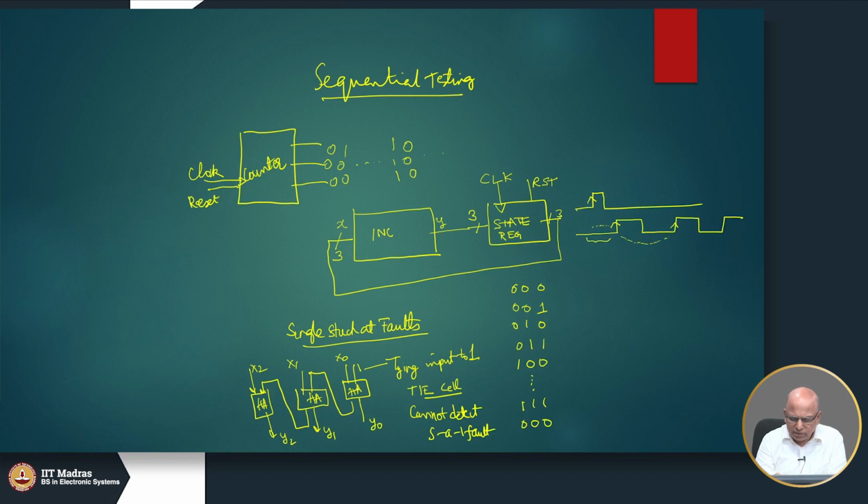Now, inside the half adder we have an XOR gate and an AND gate. So, I could have some faults there. It looks like this. So, this is my half adder, sum and carry.